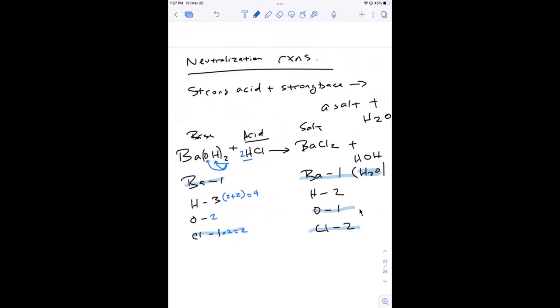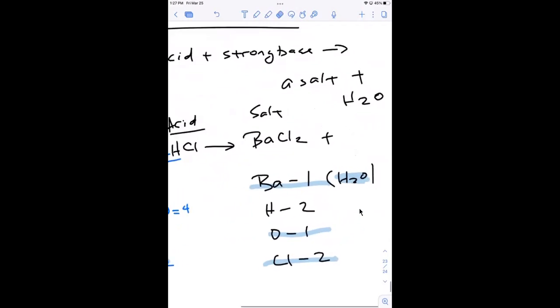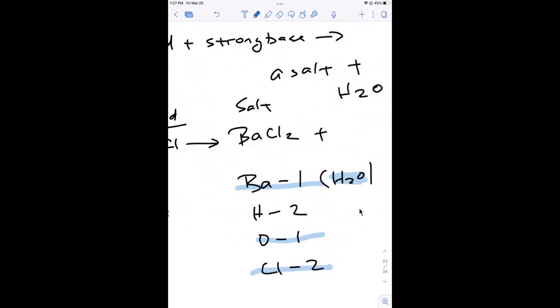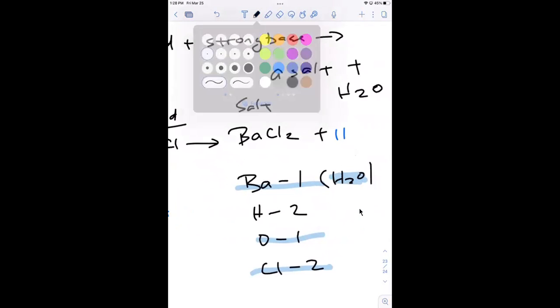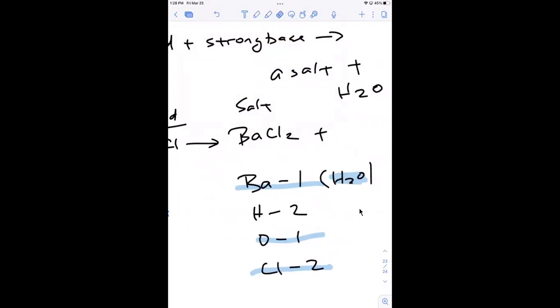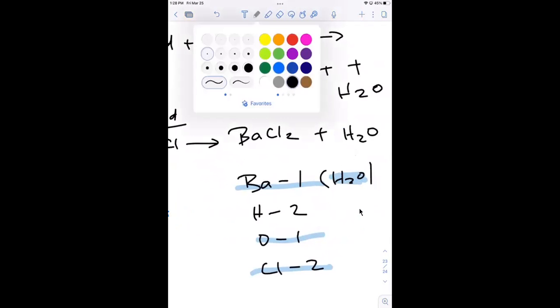We could balance the hydrogens and the oxygens at the same time, couldn't we? Because they're both in the same molecule. They're both a part of the H2O molecule. Let me erase that and just move this up. All right.